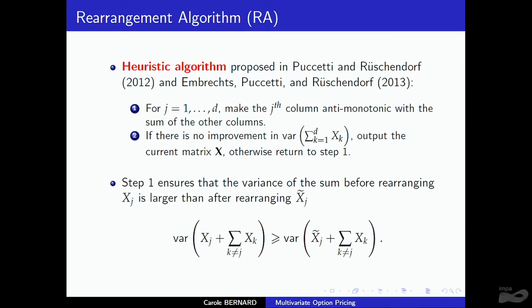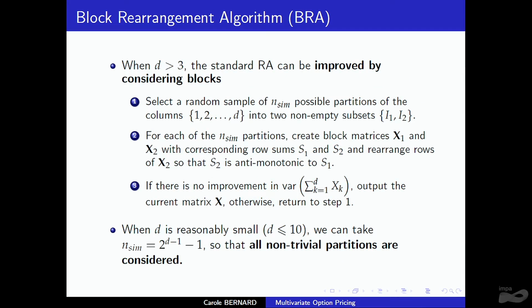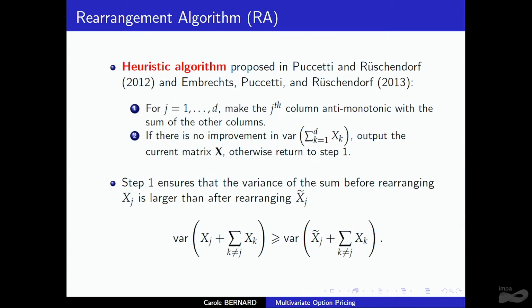We extend it a bit, and it's an extension that's really needed if one wants to extract the dependence, because it helps to get a more precise value. When you do this, you really take one column and the others together, and you use the fact that the variance is minimized when the correlation is as negative as possible.